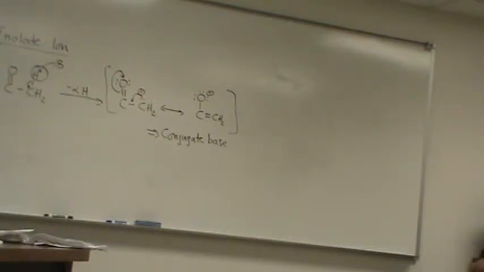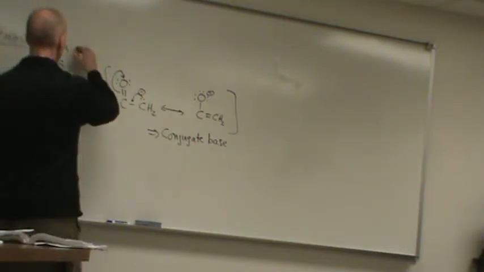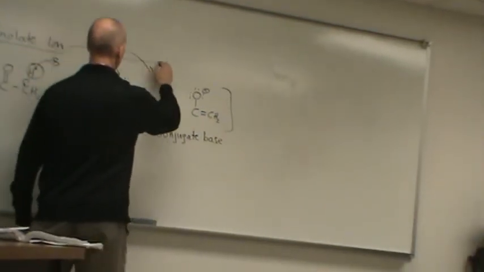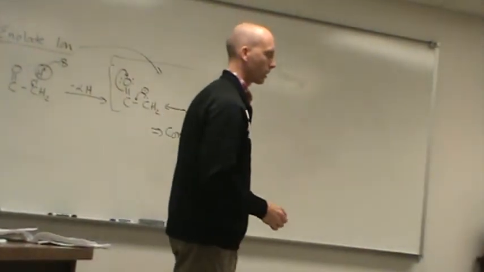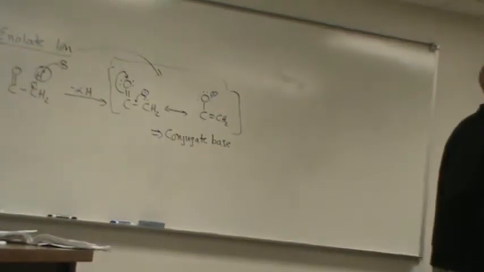What do you think the name of the conjugate base is? Hint. There it is. Yeah, I gave it to you. So these 2 resonance structures are called the enolate ions. So the enolate ions, write it down, are those 2 resonance structures.